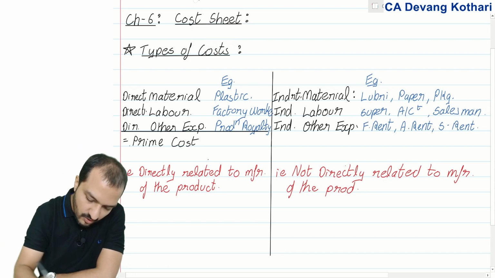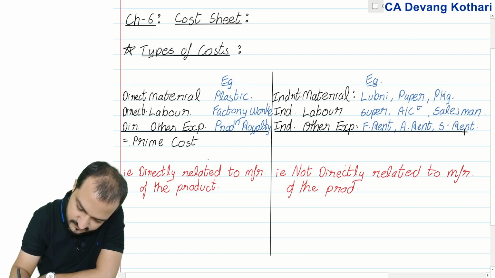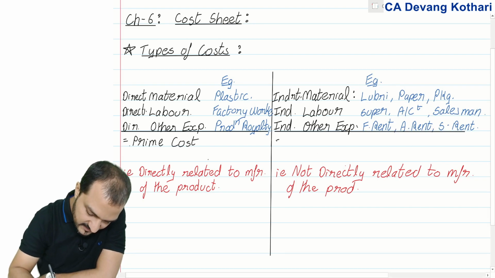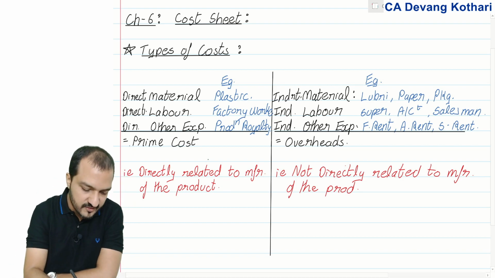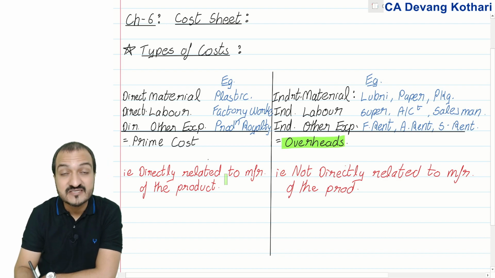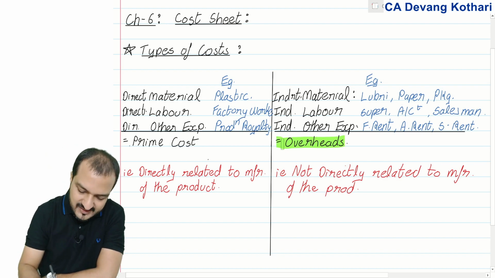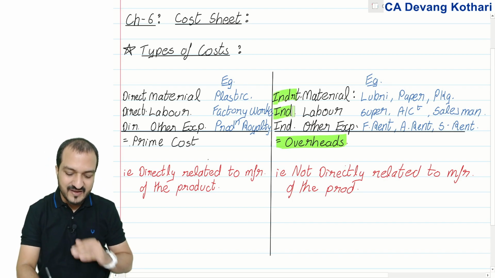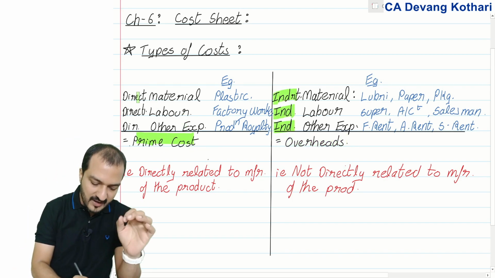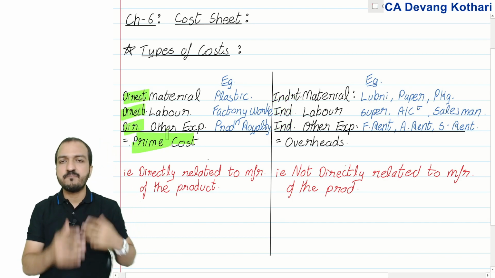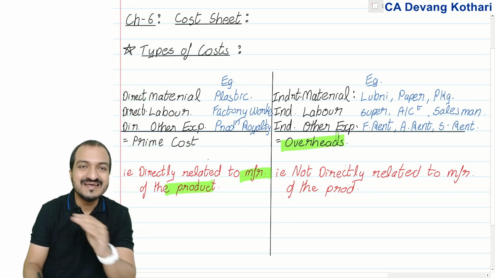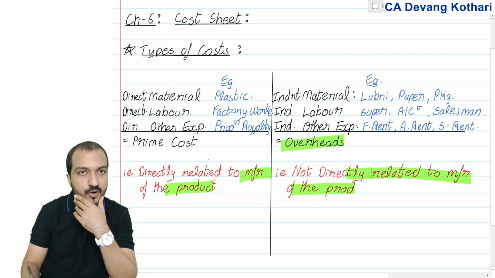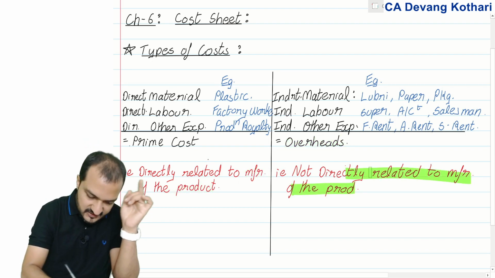And the total of all items of indirect cost is called overheads. One of you had written the word overheads earlier, but at that time I had not explained what overheads mean. Now you see, overheads means all items of indirect cost. Prime cost means all items of direct cost, because these costs are primarily associated directly with making the product, while overhead cost is not directly associated with making the product.